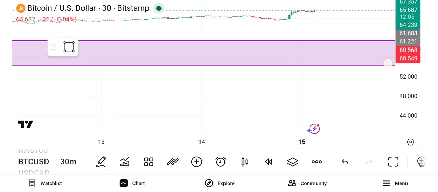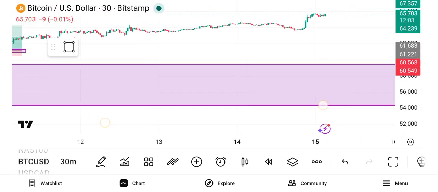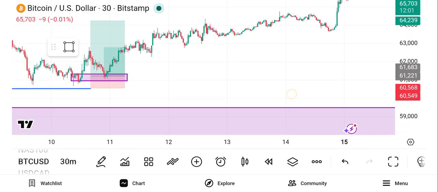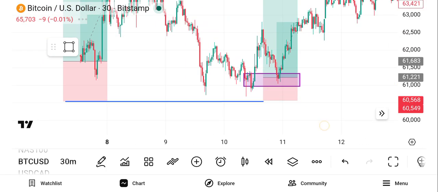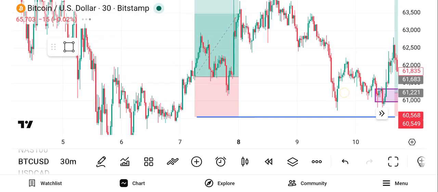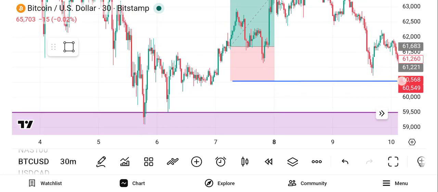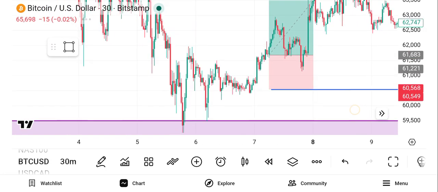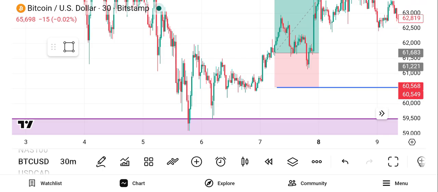So this is the 30 minutes time frame, right? When you come to your 30 minutes time frame, what you need to look for before you take your trade is what we call a market structure shift. Now, what is a market structure shift? A market structure shift is an indication that the current trend is coming to an end and the market is about to trend in the opposite direction.